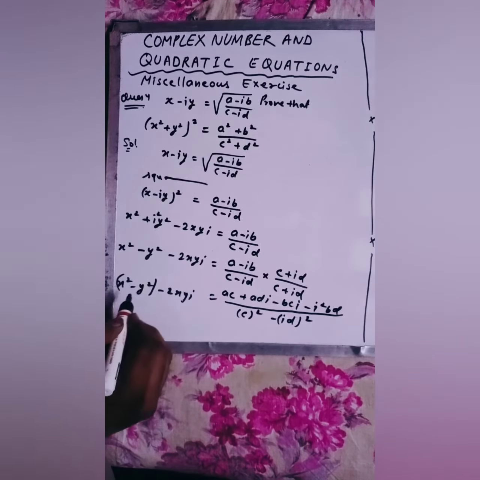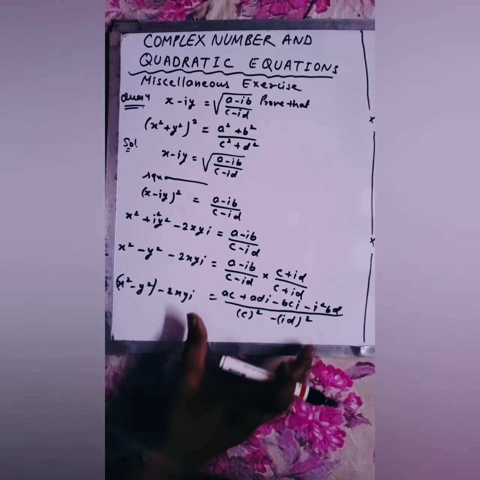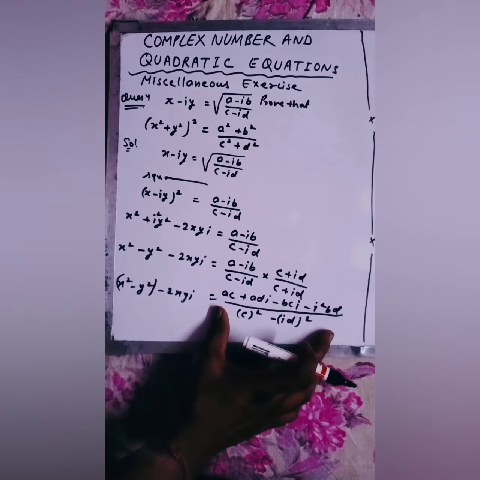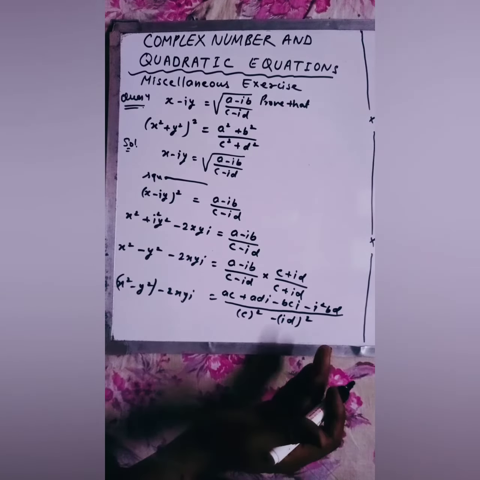So this is your real term and this is your imaginary term. Here also you have to write the complex number in standard form, that is in real and imaginary terms separately.